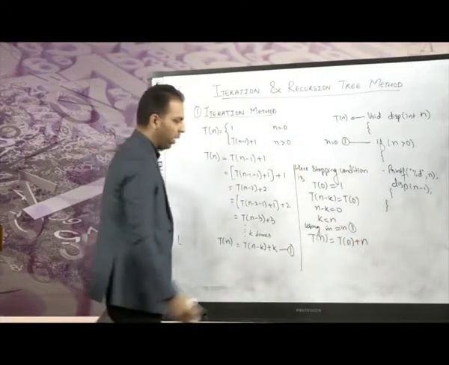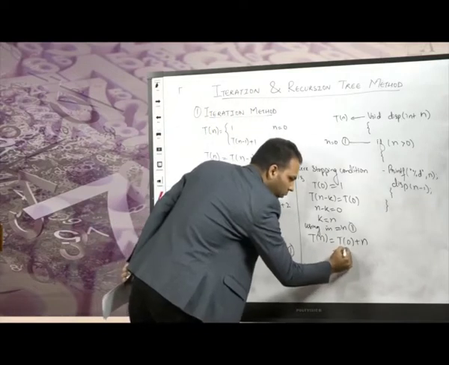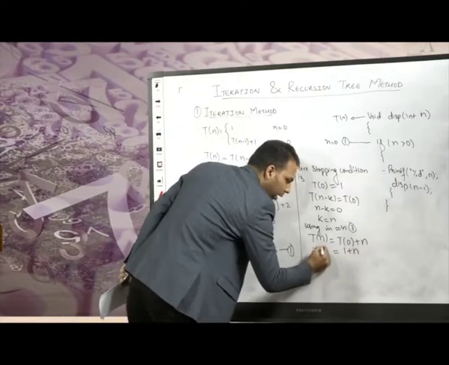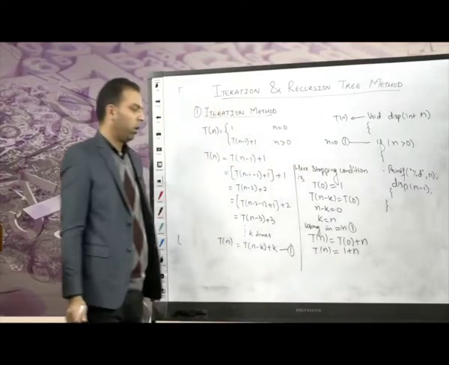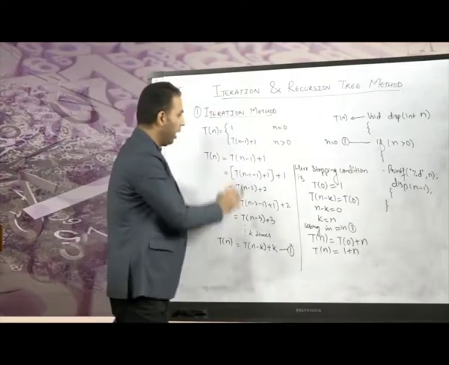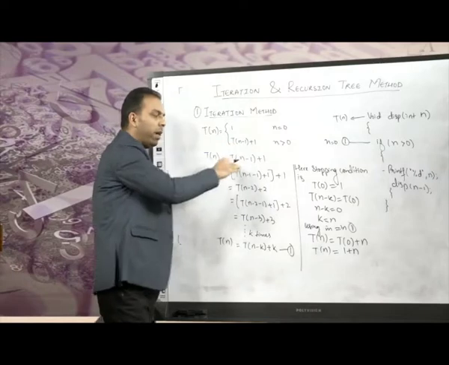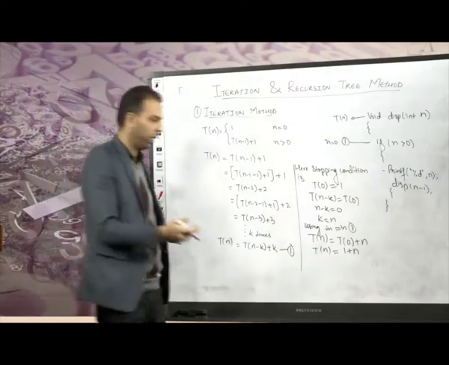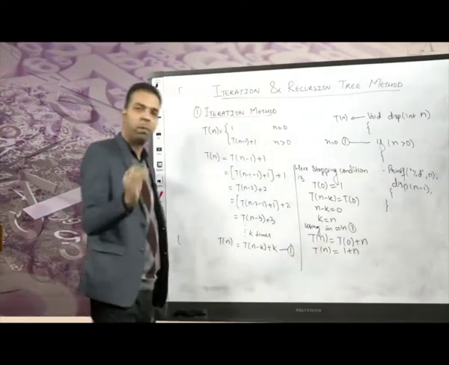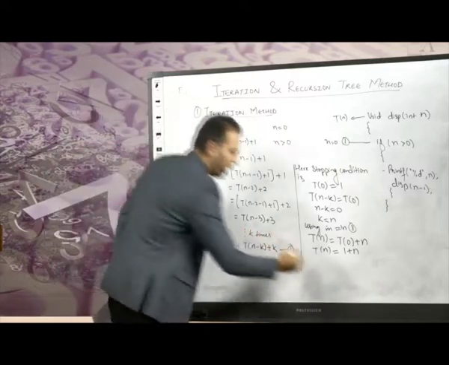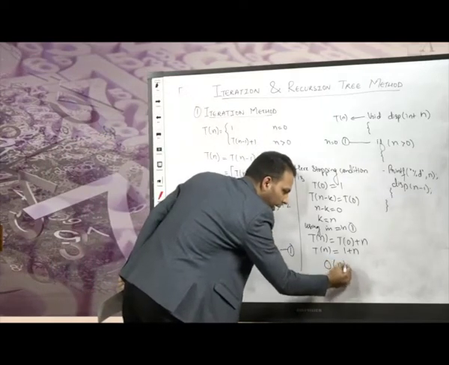And you know T0 is 1, so it will be 1 plus n. So this is your time complexity. Now you can see here, your time complexity was dependent on the subproblem, but here it's not dependent on the subproblem, it's just dependent on the length of input. So we can say that it is order of n.